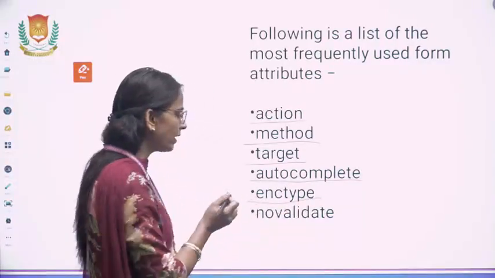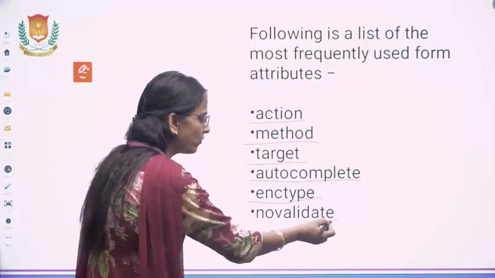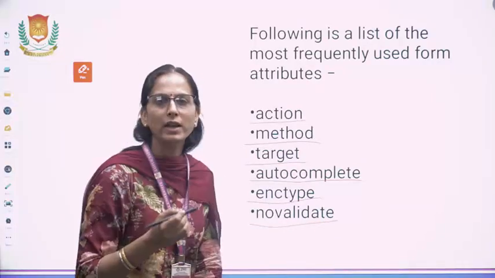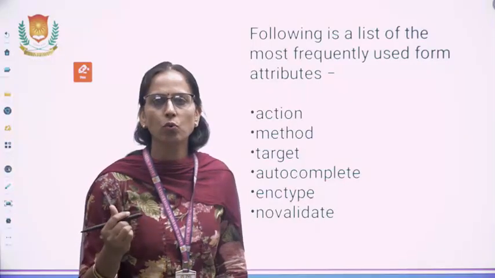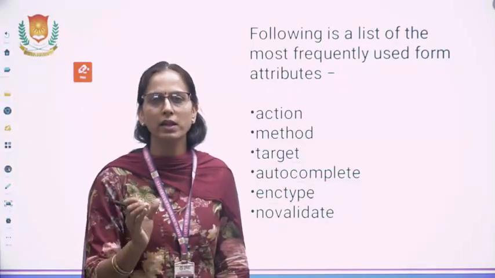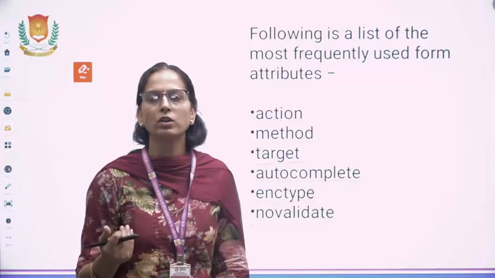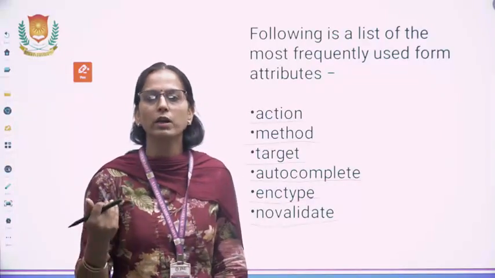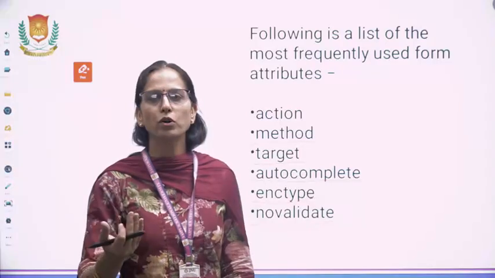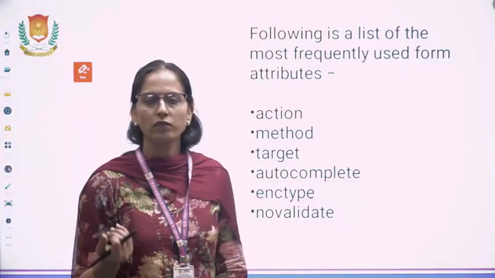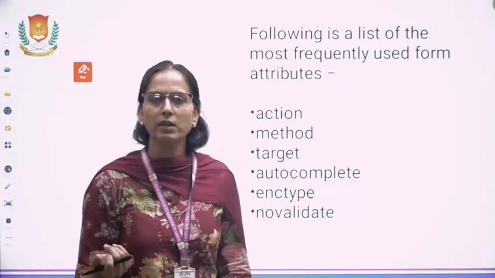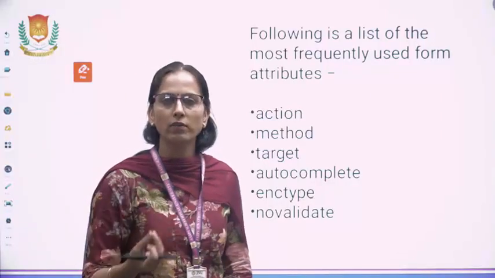Encrypted type we have to define. Then we have novalidate, the validation rule. What does the validation rule mean? Validation rule specifies the entry of data on the basis of particular conditions. Suppose we take the example that we are entering the marks of students, accepting the marks of the student in a particular field.